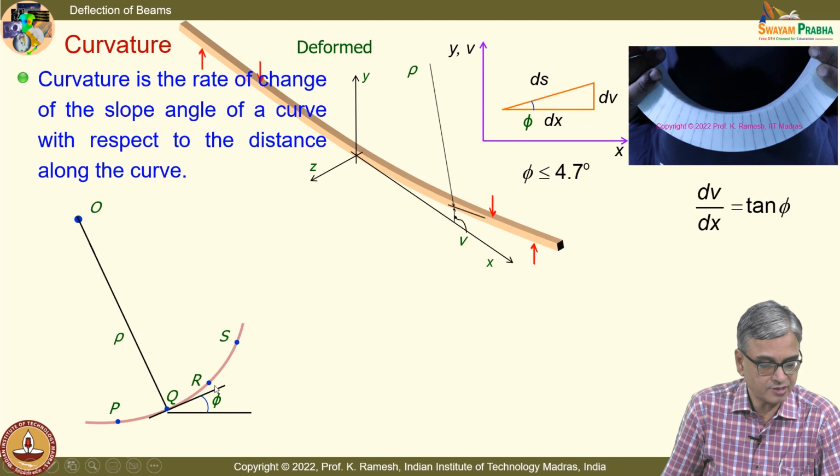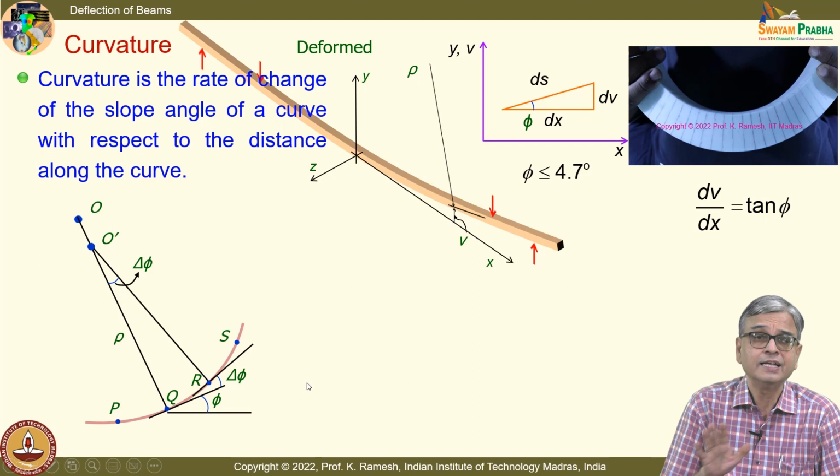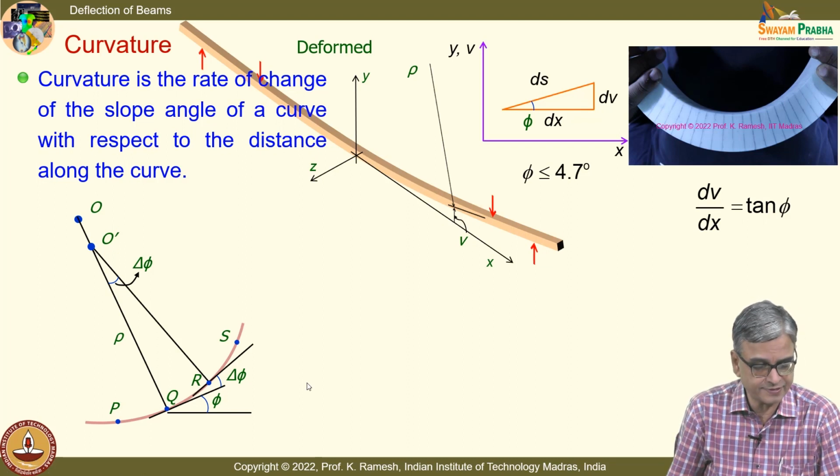I label that as R, and if I draw the slope, the difference in the slope is delta phi. Even the notation is like this. It is actually phi plus delta phi from the horizontal. From the previous one, it is separated by d phi.